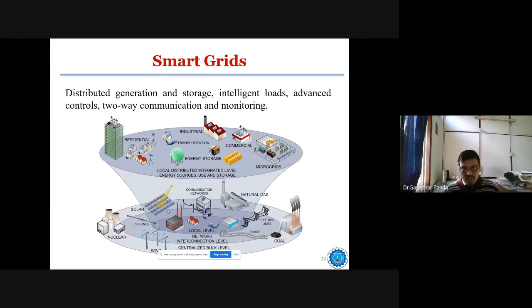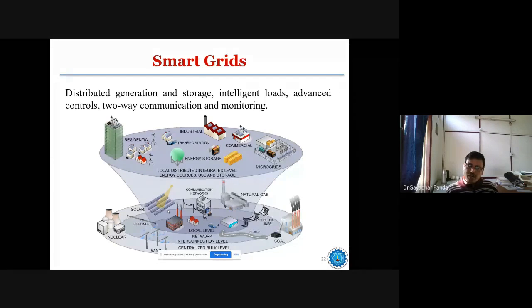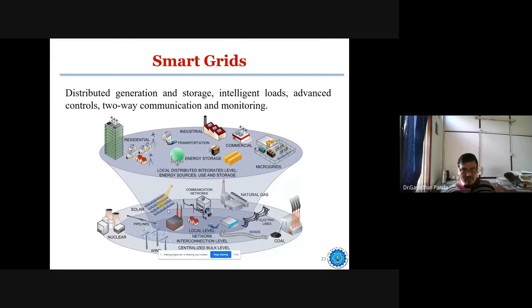Information flow is very important in the case of smart grids. Because what we are doing at the research level or laboratory scale is just a preliminary idea of how the microgrid operates at a small scale. But when you go for a complex power system, the data and information are very important. And that talks about the smart grid.